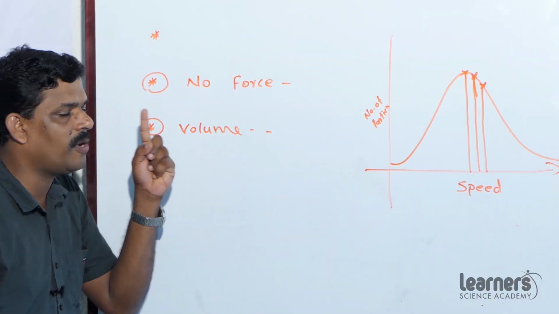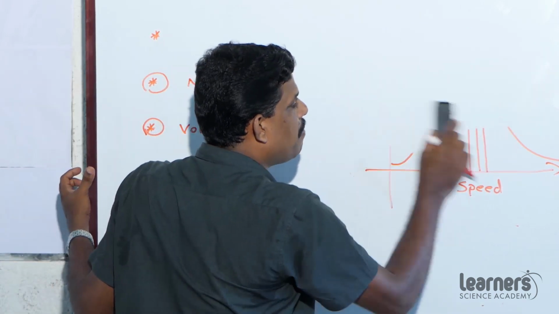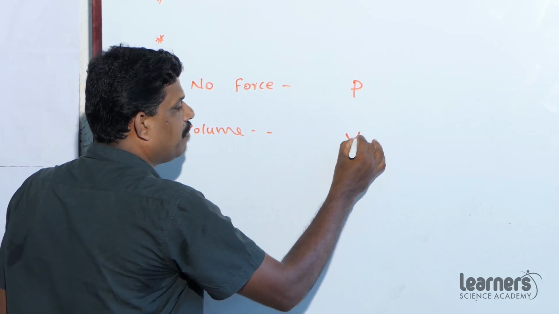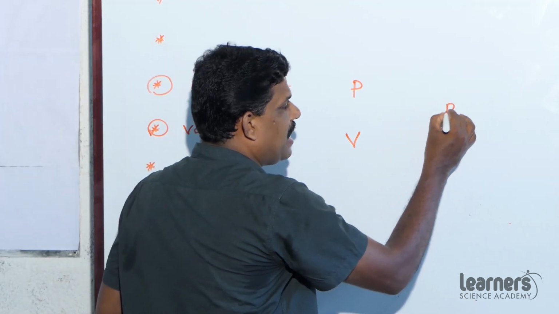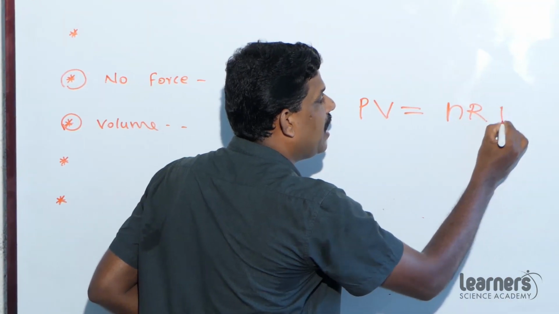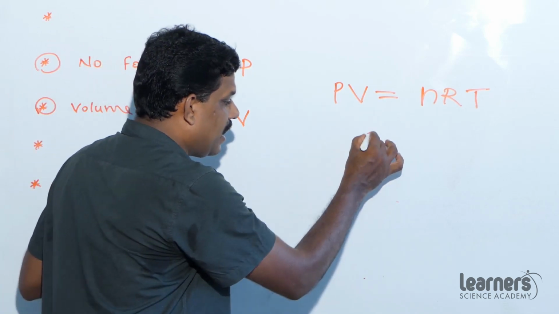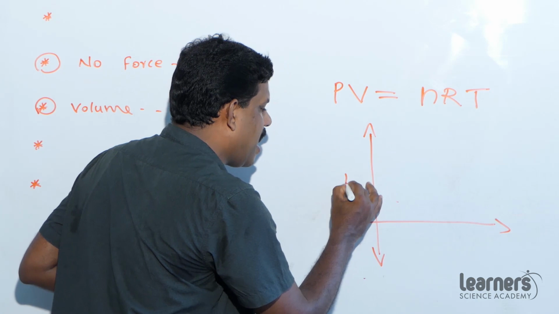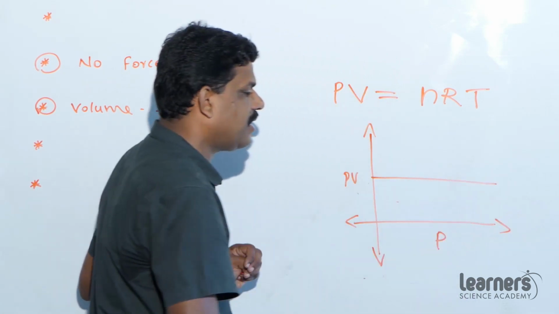Due to these 2 faulty assumptions or postulates, the measurement of pressure and the measurement of volume do not hold good. Hence, any real gas cannot obey PV = nRT, the ideal gas equation. When we plot PV against P, an ideal gas must give a straight line.